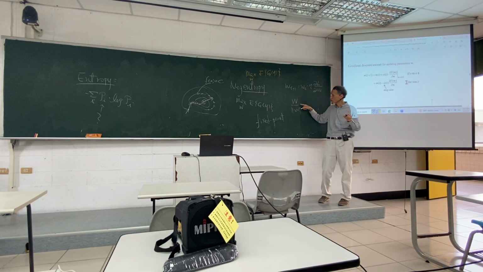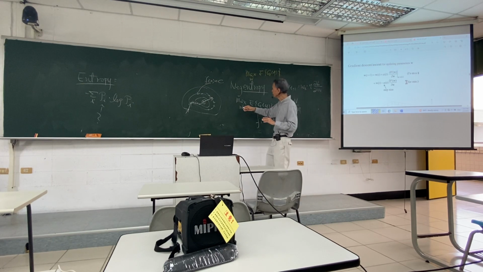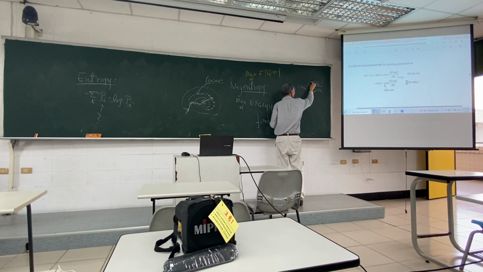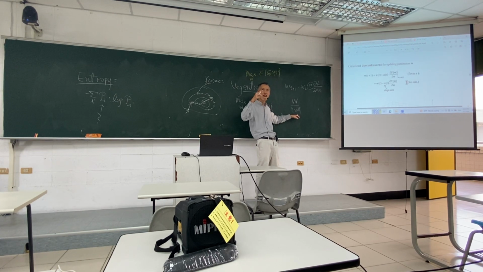Because we only care about the projection direction, the magnitude is not important. So this learning rate can be normalized. We don't need to care about how to set up the learning rate, but it just applies here because we care only about the projection direction, and this direction can always be normalized to make it a unit vector.